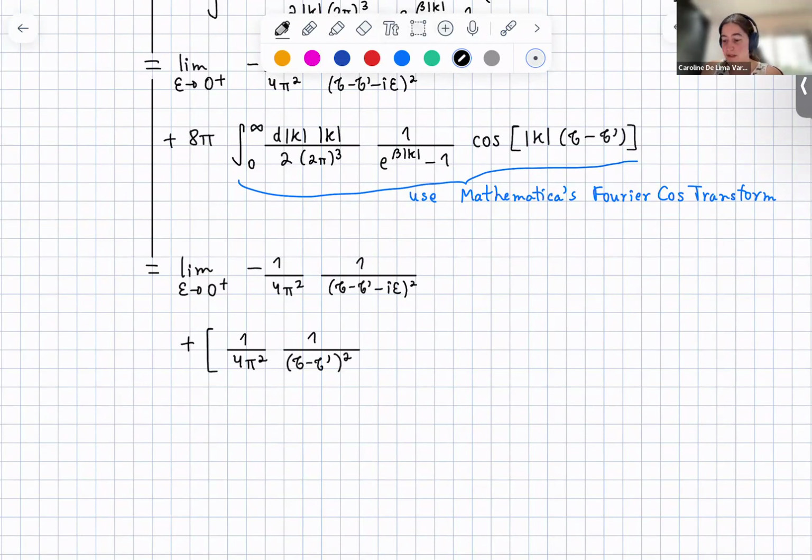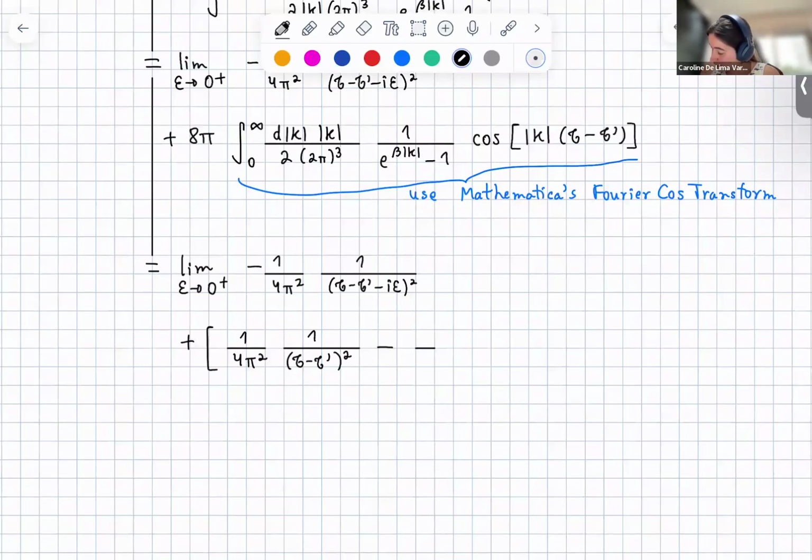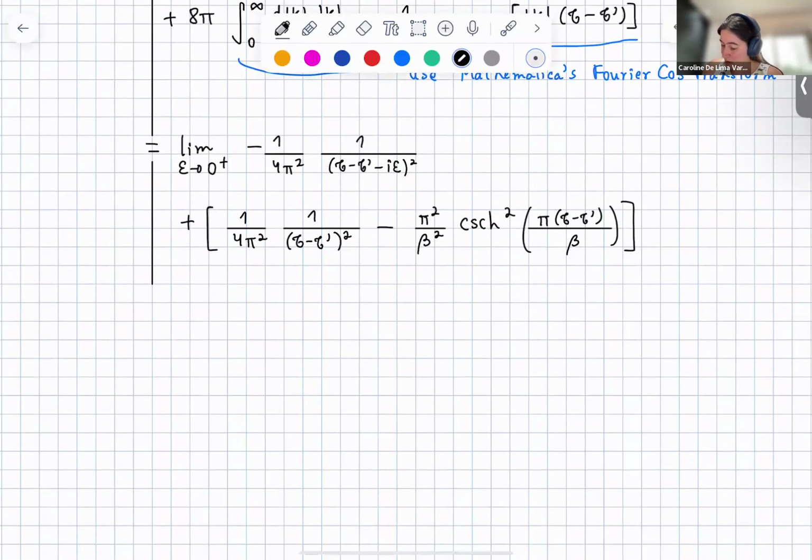Times minus pi squared times beta squared, and then hyperbolic cosecant squared of pi times tau minus tau prime divided by beta. Okay. And now what I'm going to do is just say, this function here is well behaved.